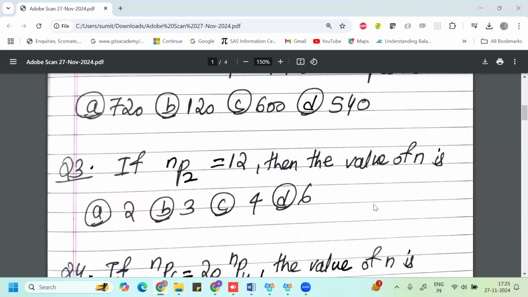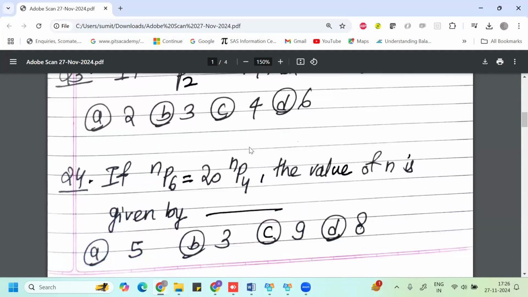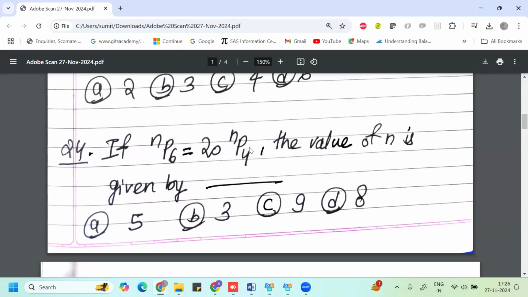Answer is 4. Question number 4. Use options. You can solve maximum questions with options.